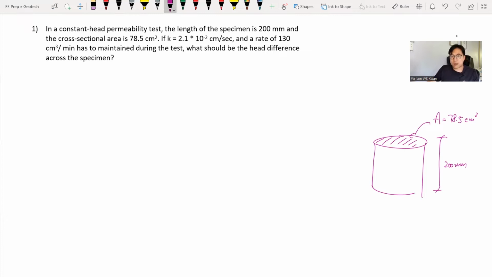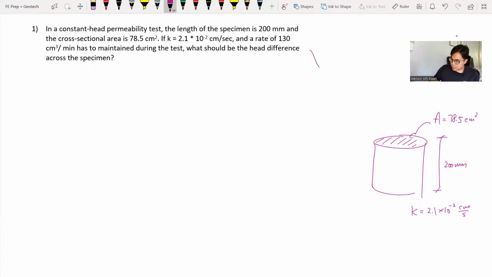It also provides the hydraulic conductivity equal to 2.1 times 10 to the negative 2 centimeters per second. It's known that there's a water flow that comes in and goes out of the specimen.